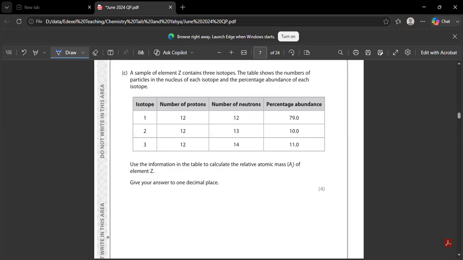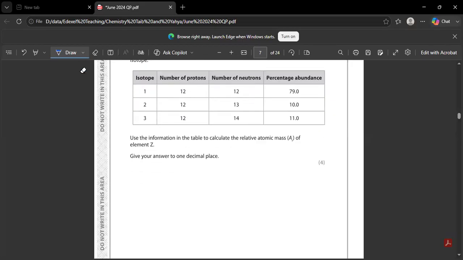If you look at the number of protons and neutrons over here, we get 12 plus 12, which makes 24. In isotope 2, we have 12 plus 13, which is 25, right? And 12 plus 14 is going to be 26, right?